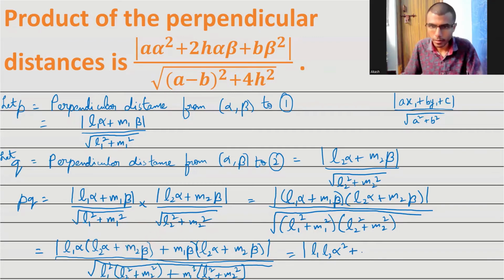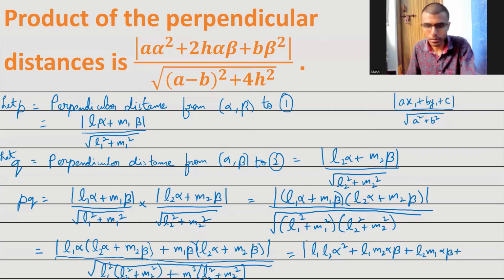I'm going to get L1 M2 alpha beta plus M1 beta into L2 alpha. So I'll get L2 M1 alpha beta. I am just rearranging the product. L2 M1 alpha beta plus, and then M1 beta into M2 beta, it's going to be M1 M2 beta square.